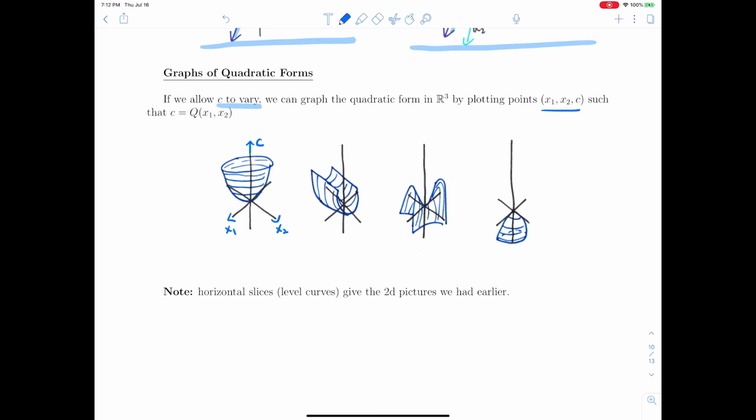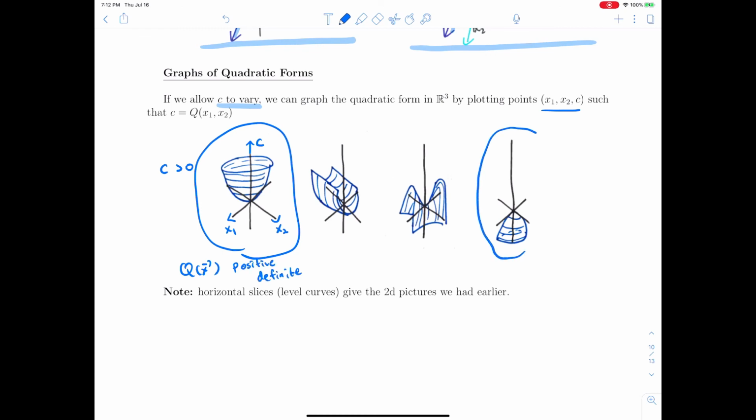The first picture, as you can see, has C always positive. So this is the picture when Q of x is positive definite. On the other hand, in the last picture, C is always negative, in other words, Q of x is negative definite. In the third one, if you analyze the function value C, then C can either be positive or negative.